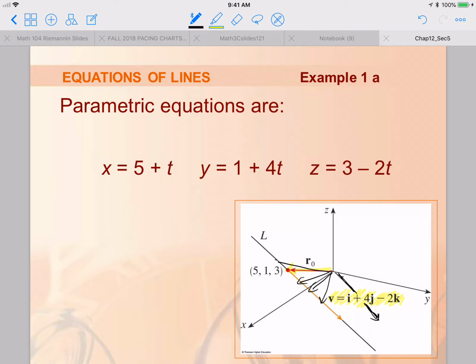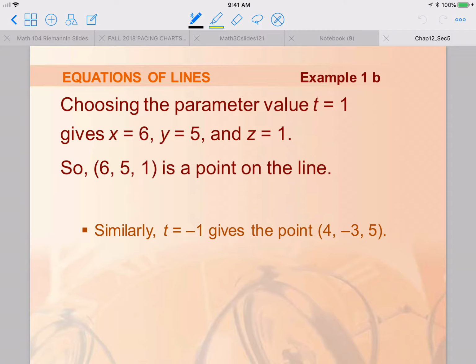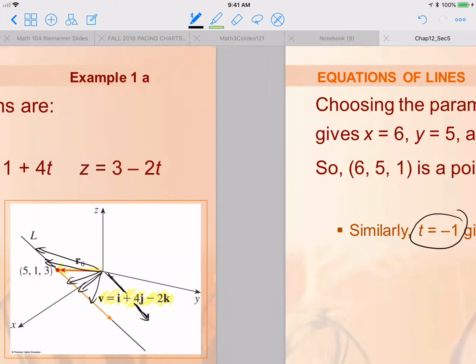And now all these points here correspond to r equals r naught plus a scalar multiple of v. Okay. And then this is what we did here. We just chose to plug in different values for t, t equals 1, t equals -1.